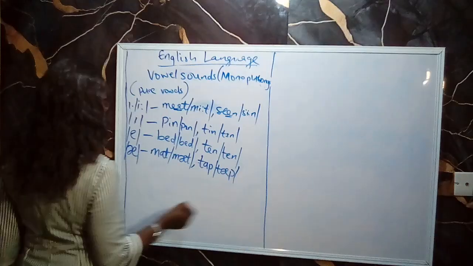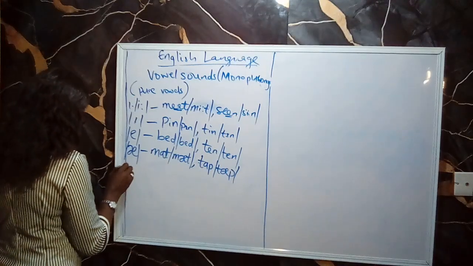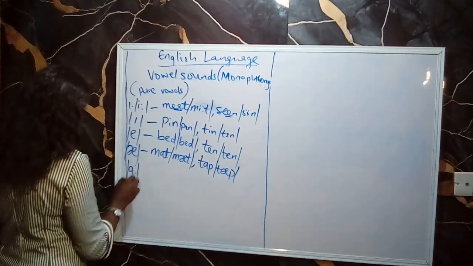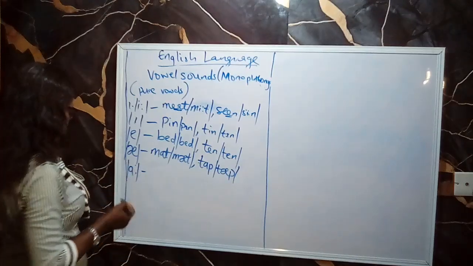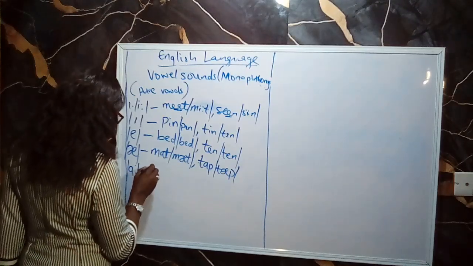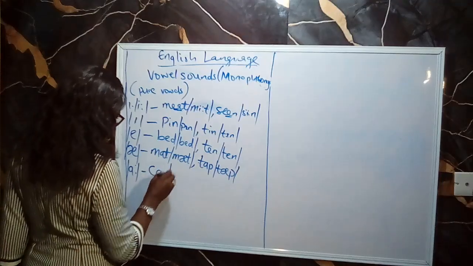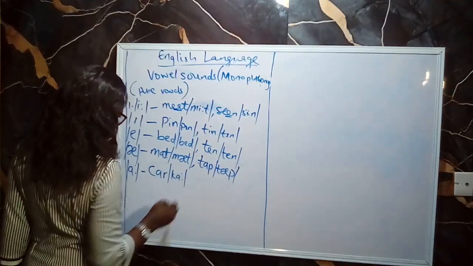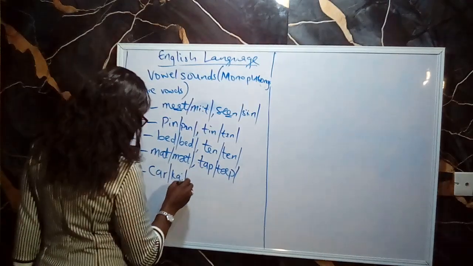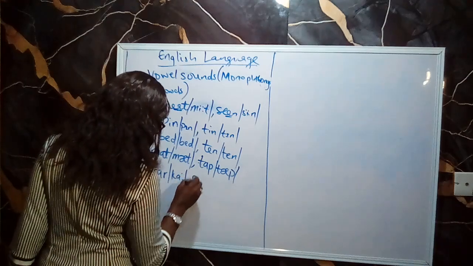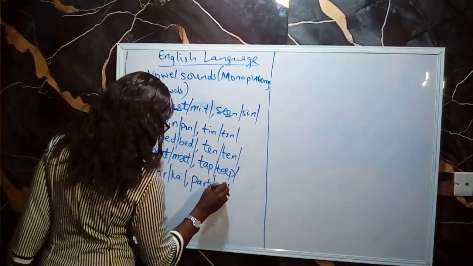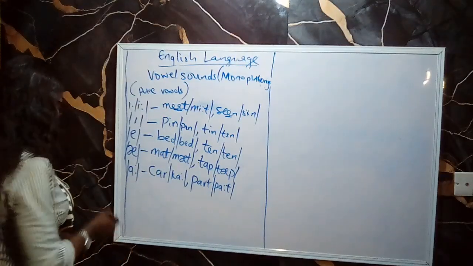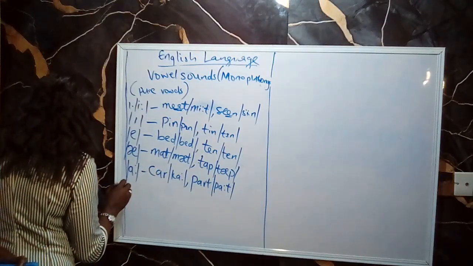Then the next one is ah. This is a long vowel sound like I told you. And under this one you have car. We also have part.